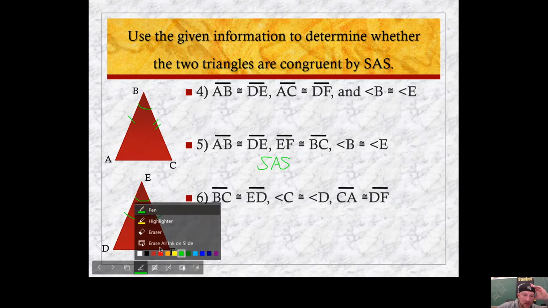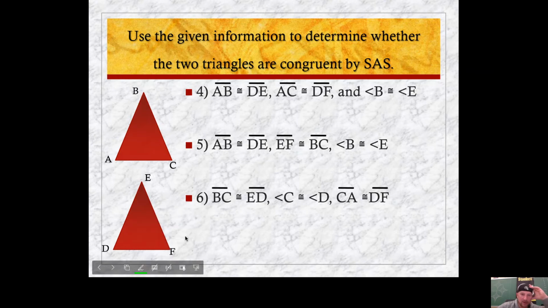Okay, I'm just going to erase everything on the slide again just to make it easier. Here's some other information, and we're going to try to attempt to figure this one out without making the marks. Maybe we'll go back and make them. This is a pair of congruent sides, and this is a pair of congruent sides. Here's a pair of congruent angles.